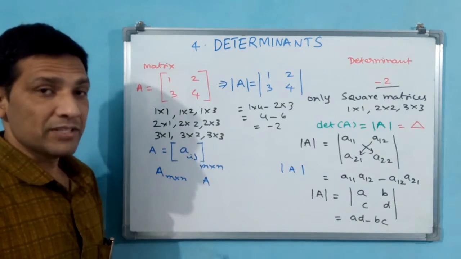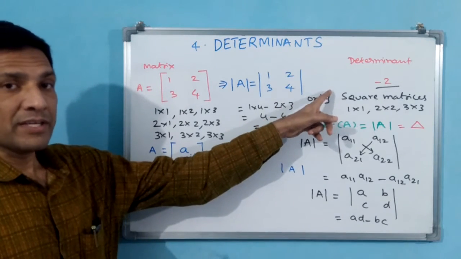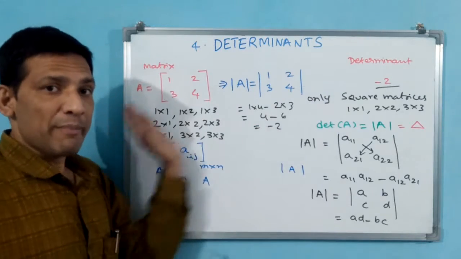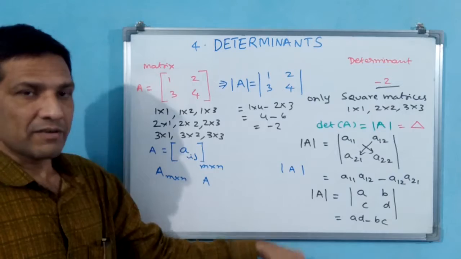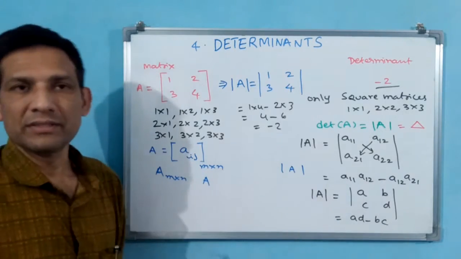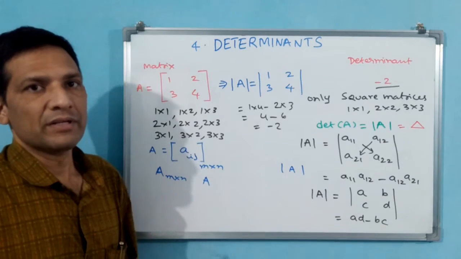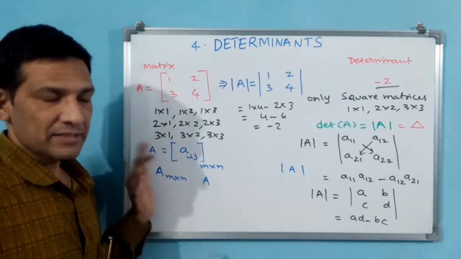Now you understand. Determinant is the value of a matrix. That means the operation we will do is determinant. Determinant is different from matrix.